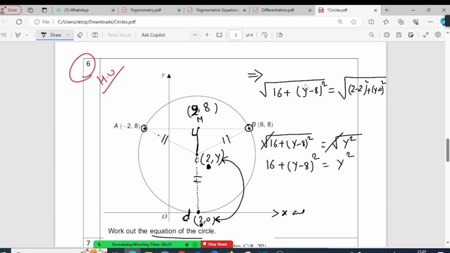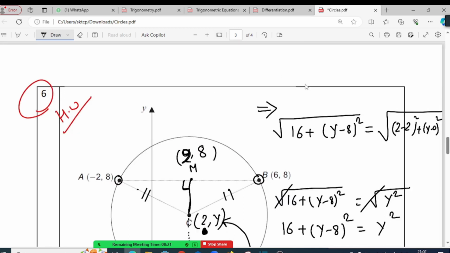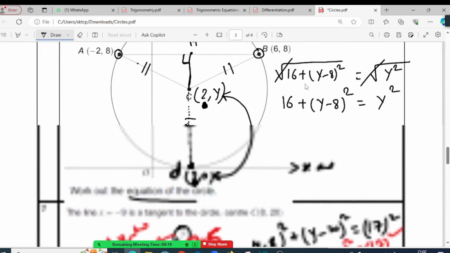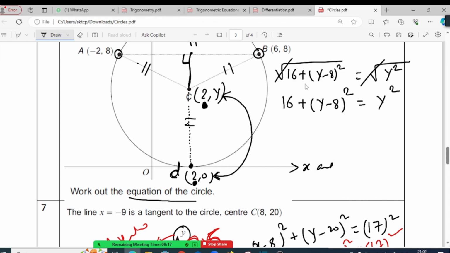So let us try to solve this. 16 plus 8 squared, that is 64, minus 16y should be equal to y squared. So y squared will cancel out, right?